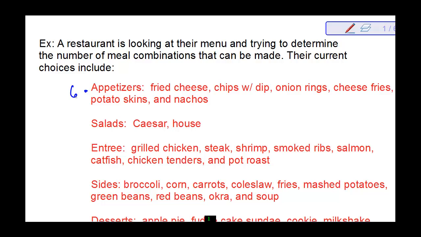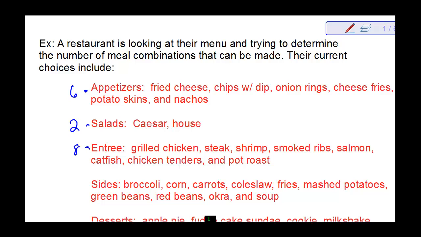For salad choices, you have Caesar or House, so you have 2 different options for salads. For your entree, you have grilled chicken, steak, shrimp, smoked ribs, salmon, catfish, chicken tenders, and pot roast. So there's 8 different possibilities for your entree.